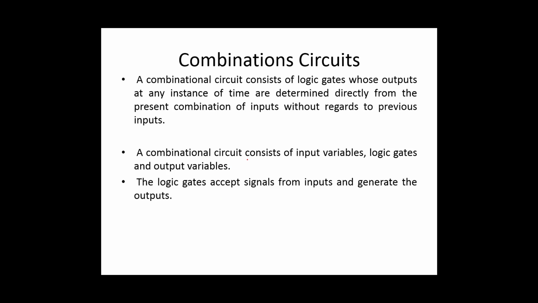A combinational circuit consists of input variables, logic gates, and output variables. So basically there are three things that completely characterize a combinational circuit, and those are the input variables, the Boolean expression or the Boolean function which expresses a relationship between the inputs and the outputs, and then the output variables.